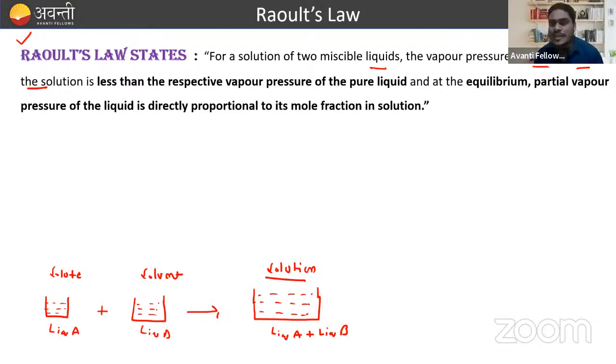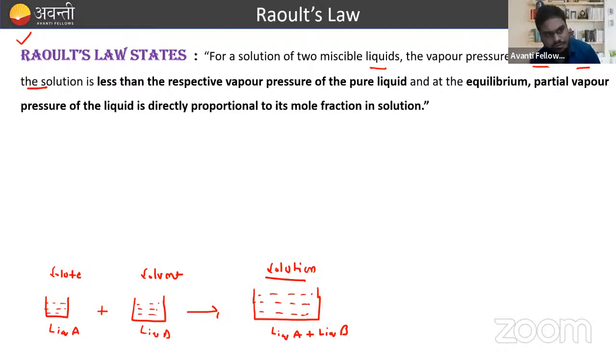And at equilibrium, the partial vapor pressure of the liquid is directly proportional to its mole fraction in the solution. और ये किस पे डिपेंड कर रहा है? Mole fraction of this solution. So I hope this is clear. What does Raoult's law state? Clear to you?